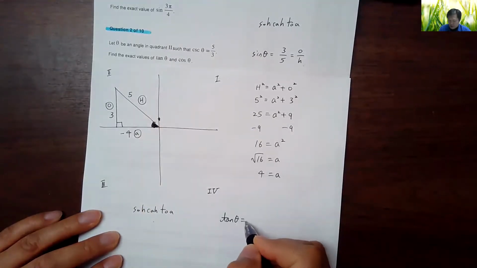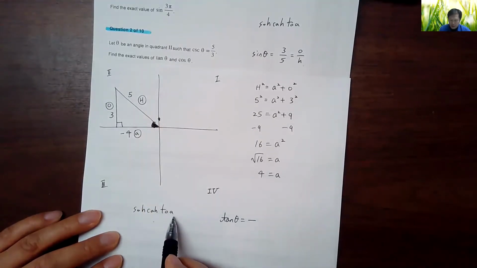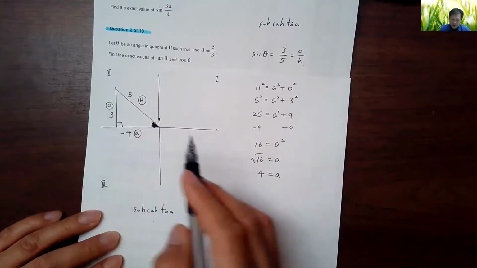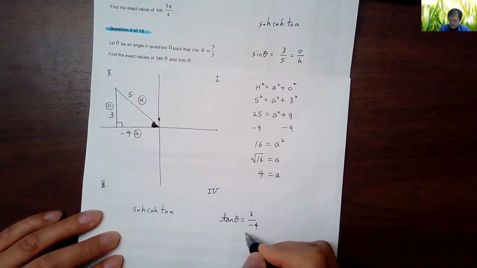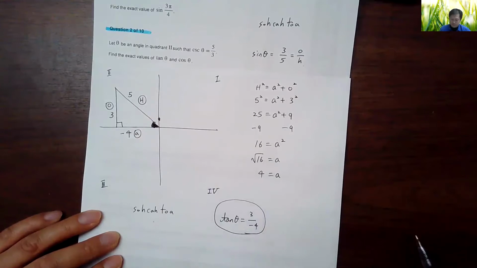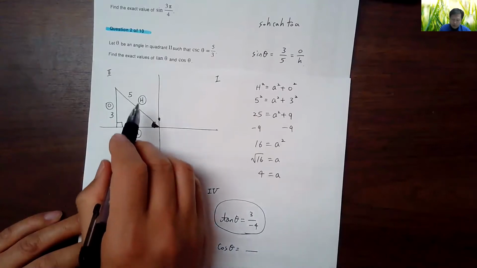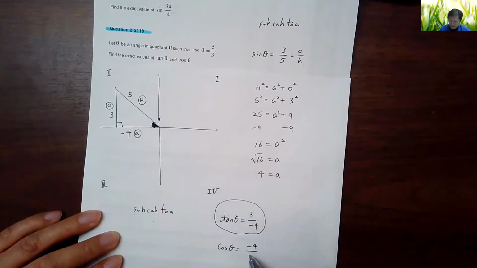Tangent theta is equal to O over A, which is 3 over minus 4. That's the answer. And cosine theta will be A over H, which is minus 4/5.